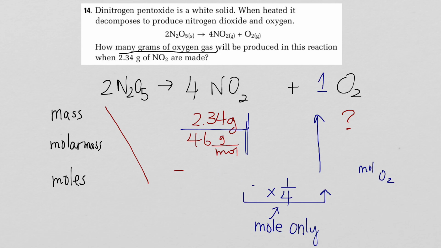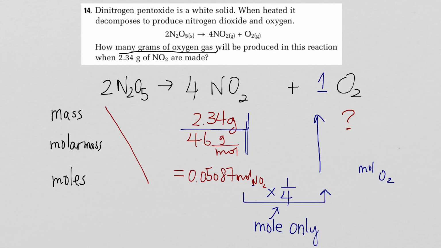So now, 2.34 divided by 46 gives us 0.05087 moles of NO2. And if you make this many moles of NO2, you're only going to make a quarter the amount for oxygen.